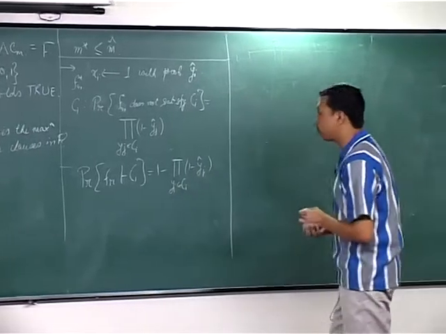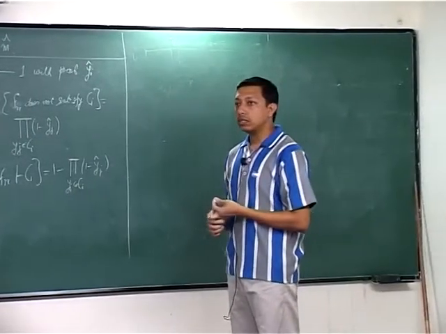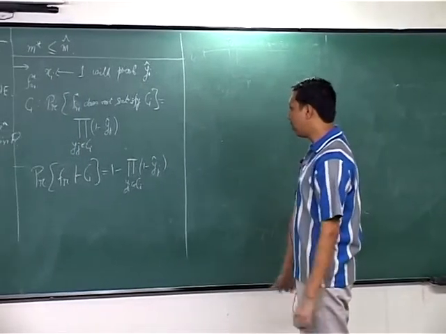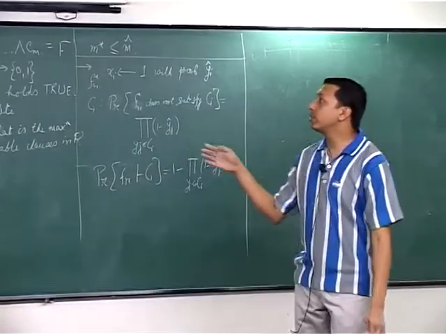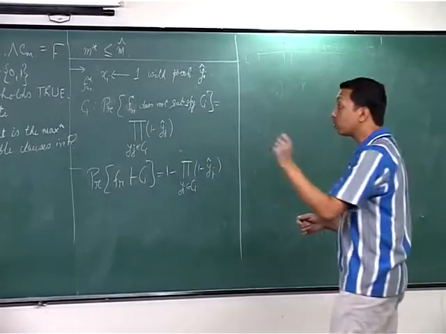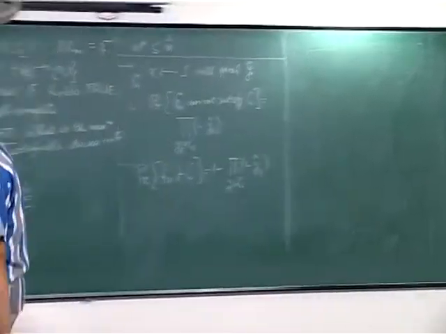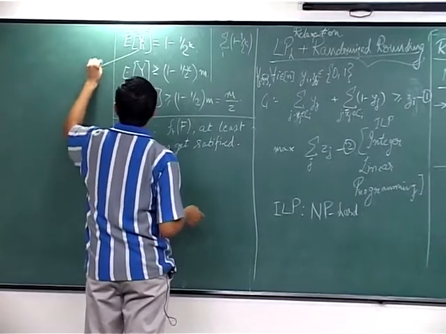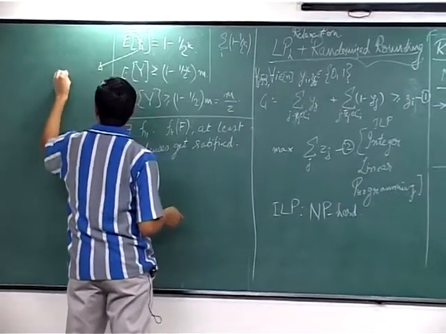Then you can do something like what we did earlier. These kinds of random variables are called indicator random variables, because they just indicate whether something is 0 or 1.